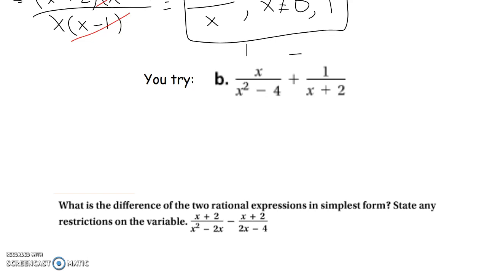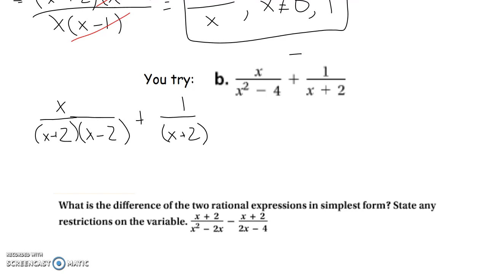To do the second problem, part B, we need to start by factoring each fraction. The first one factors as x over x plus 2 times x minus 2. And the second fraction factors as 1 over x plus 2.